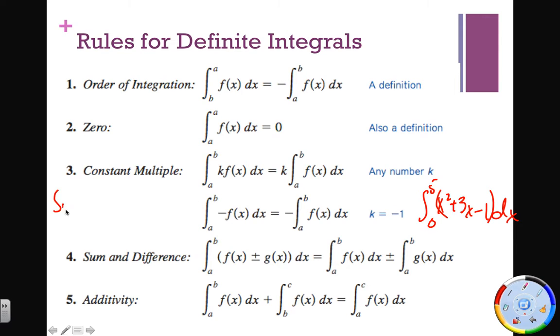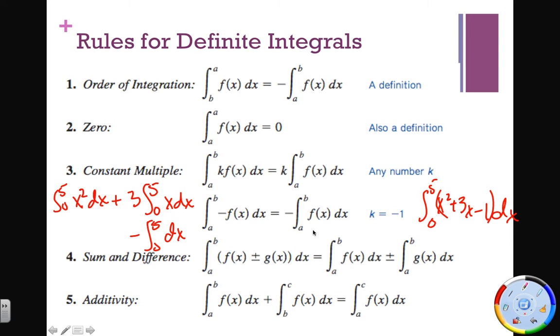We could go from 0 to 5 of x squared dx plus 3 times the integral from 0 to 5 of x dx, plus, actually minus because it's a minus here, minus the integral from 0 to 5 of 1 dx.